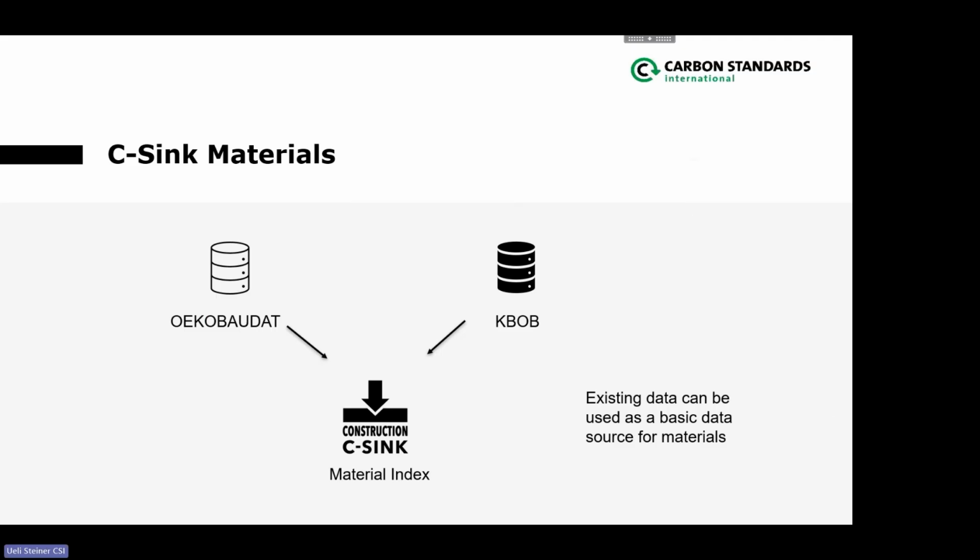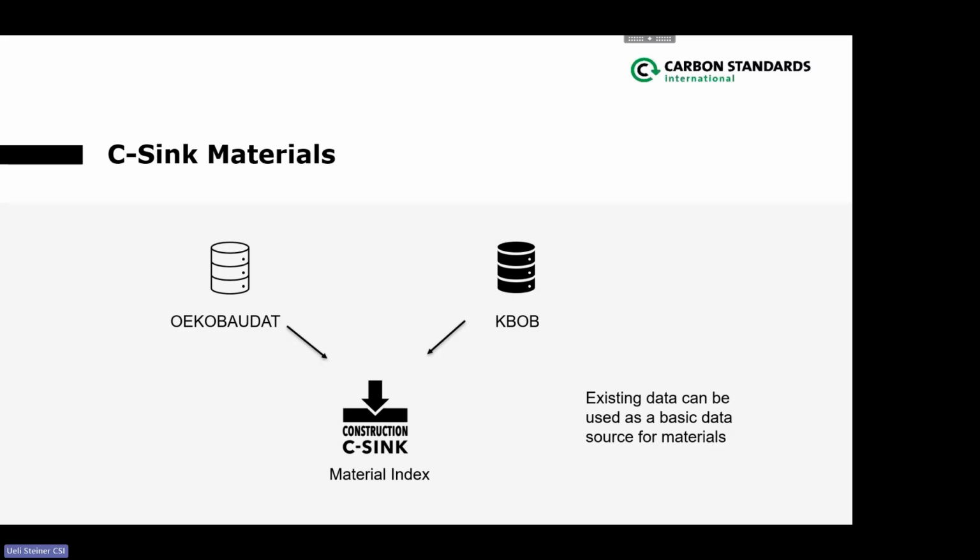There were also some questions in the chat about existing data sources. We have the EPD framework in the EU, and we have Ökobaudat as one really important data source. And in Switzerland, we have KBOB as an important source of data on building materials. And these data can be used as a kind of basic layer of information to build a material index.